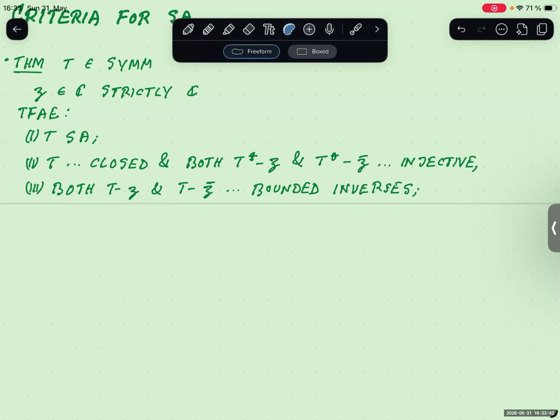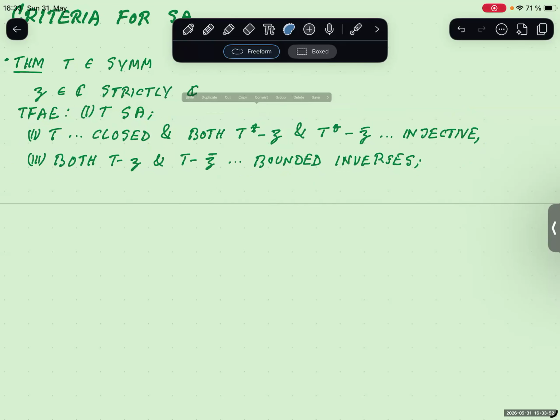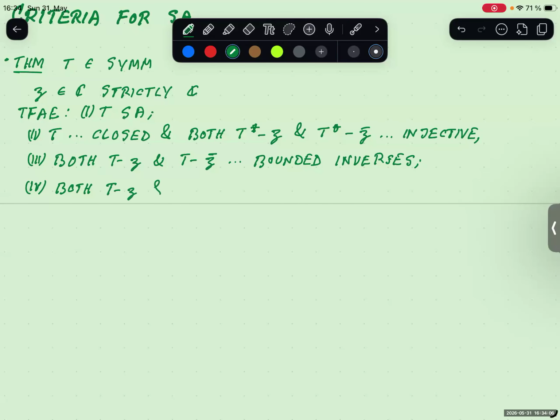I have one more, so I want to write it actually there. I don't want to go to the next page so that everything is on the same page. Okay. Number 4: both T minus Z and T minus Z prime are surjective.